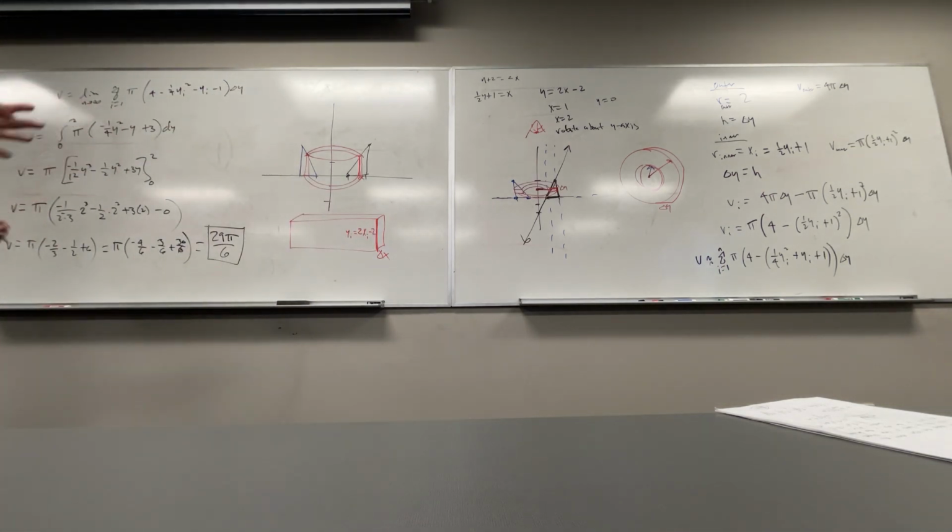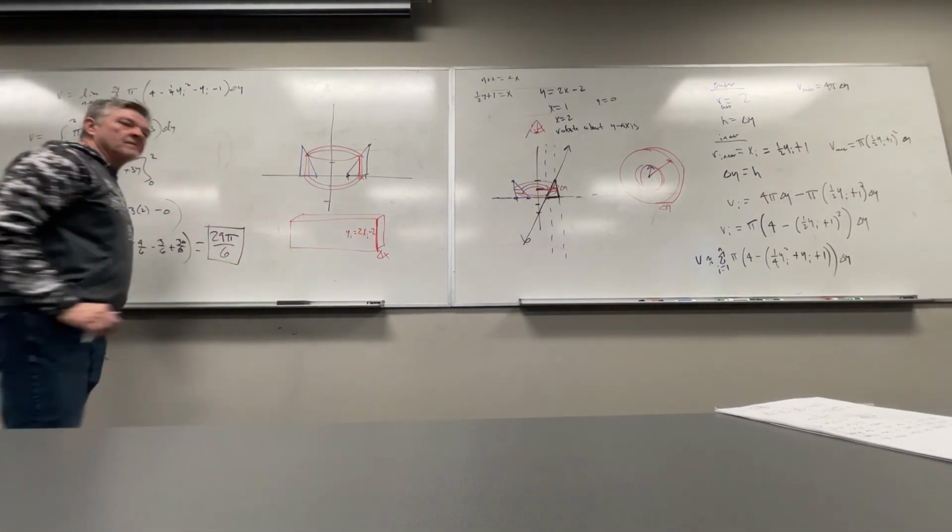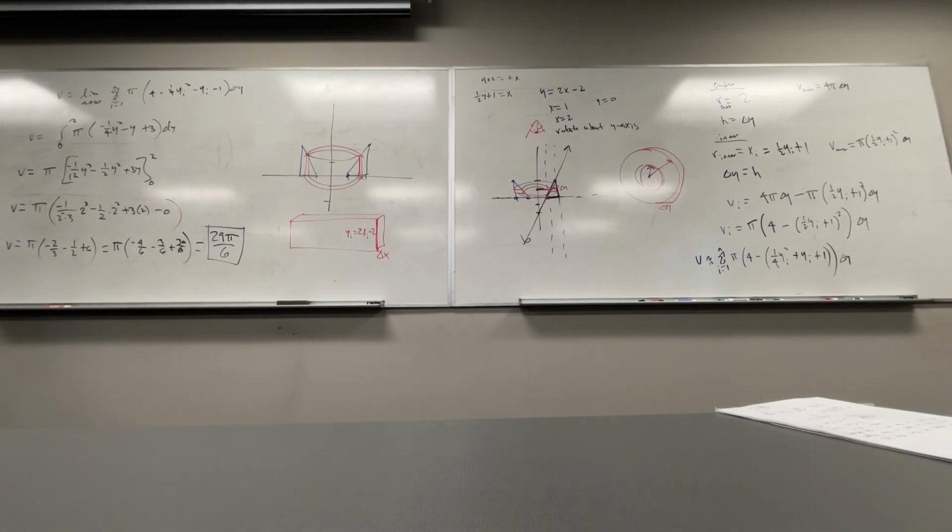What's the width? What's that going to correspond to? Is that delta x? No, I'm talking about that width right there. Is that the radius? Not quite the radius, but it has to do with the radius.